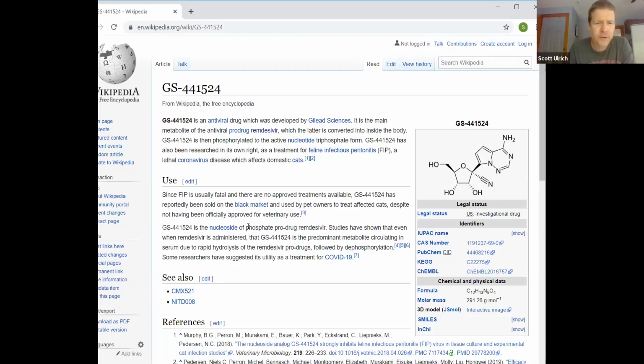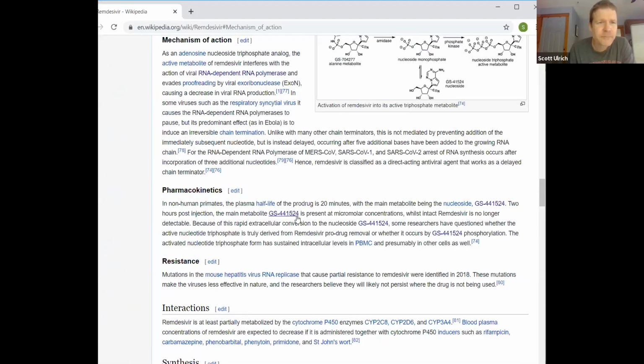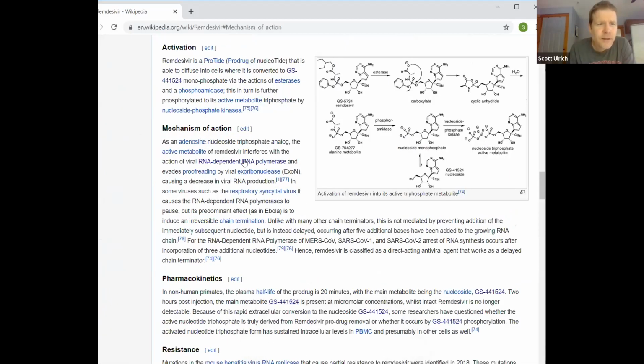If I go back to remdesivir, it probably will tell me. Mechanism of action. Oh, no, it's different. I'm sorry. It's an inhibitor of RNA-dependent RNA polymerase, which is not actually super dissimilar from reverse transcriptase. So anyway, it's similar.